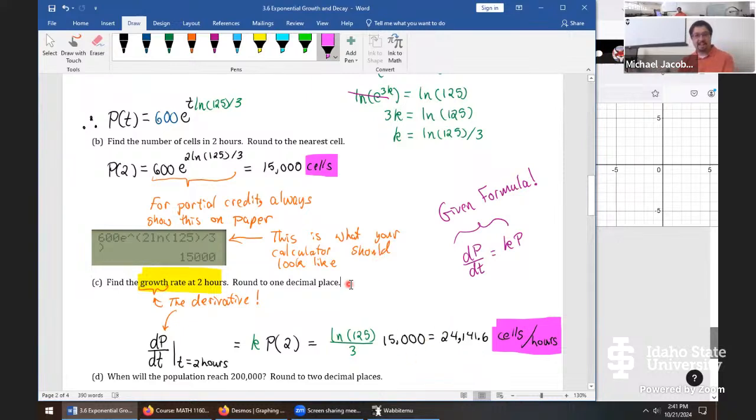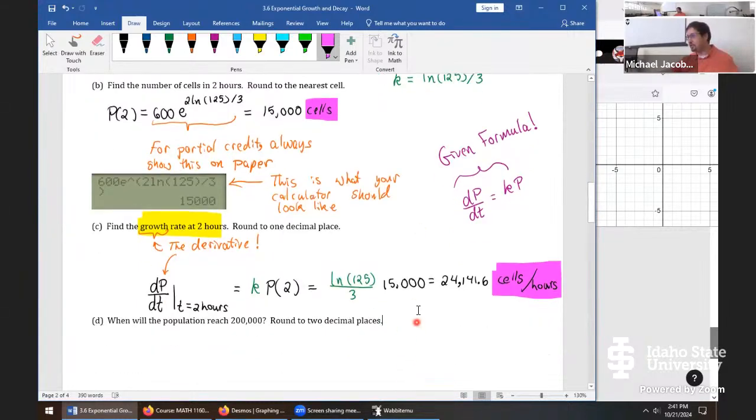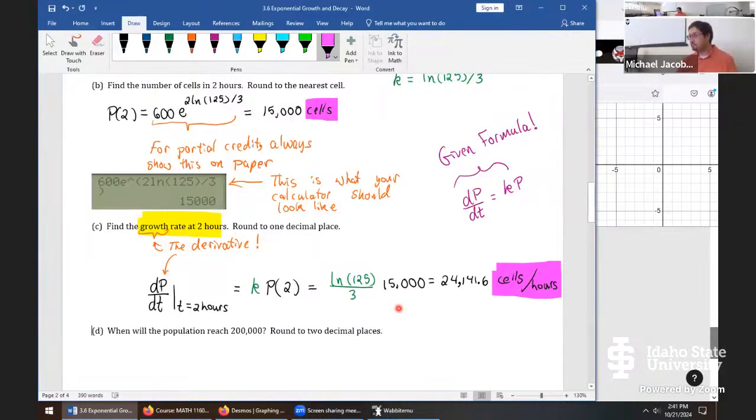So part C right there is the calculus part of the problem. Part D is going back to algebra, so it's a short part of the problem. But any questions at all, folks, getting through part C? Okay, so what we know so far is that at 2 hours we're up to 1,500 cells, but it's growing rapidly at time 2 hours.